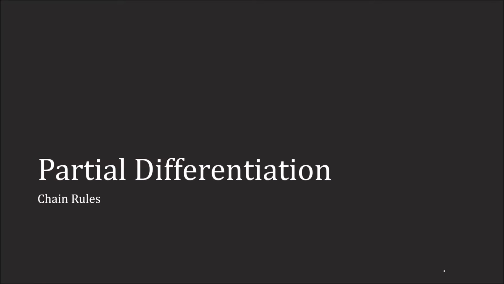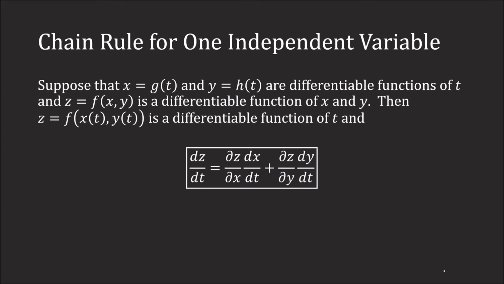We now turn our attention to the multivariate chain rules for differentiation. We begin with the single independent variable one. Suppose that x equals g of t and y equals h of t are both differentiable functions of t, and z equals f of x, y is a differentiable function of x and y.